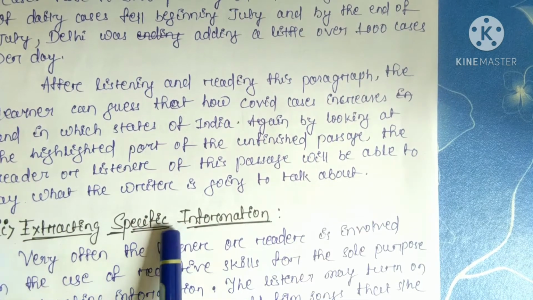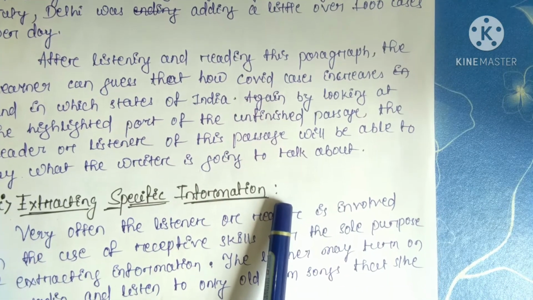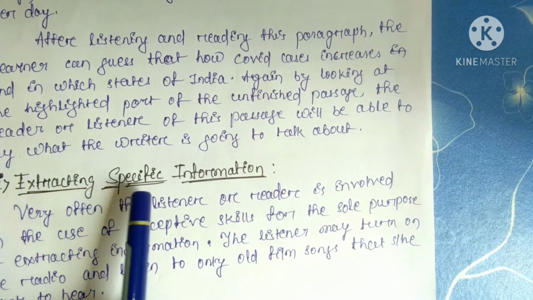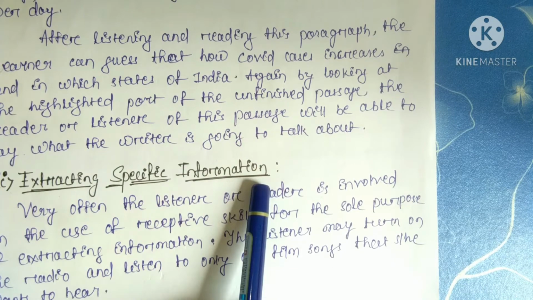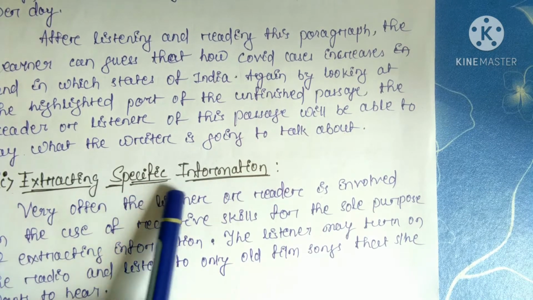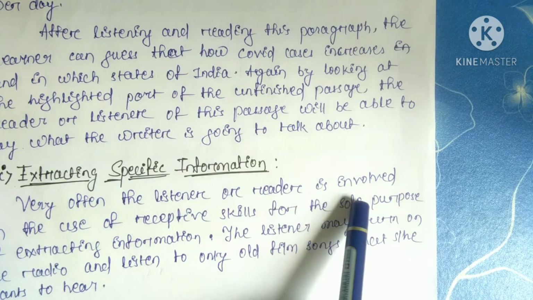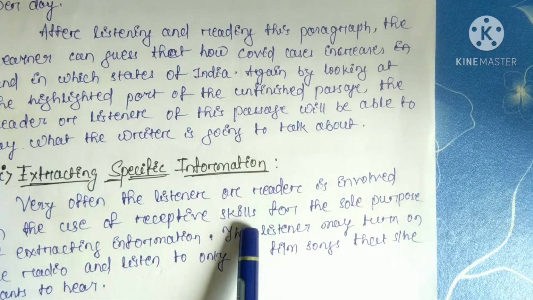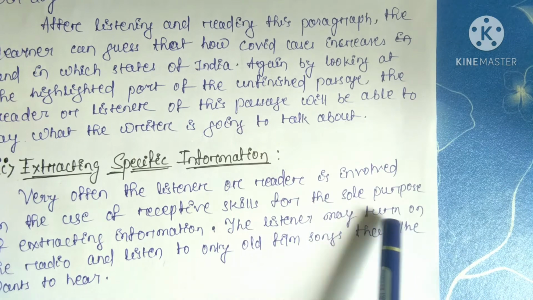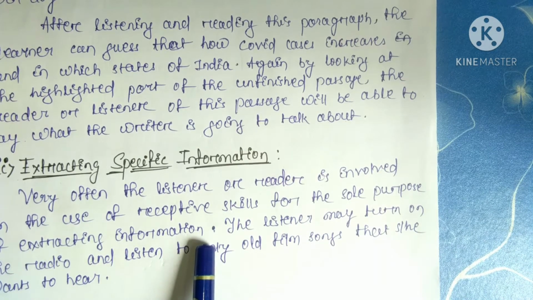Then, extracting specific information. The second point is extracting specific information. It is a similarity between reading and listening. Very often the listener or reader is involved in the use of receptive skills for the sole purpose of extracting information, which I have discussed earlier.